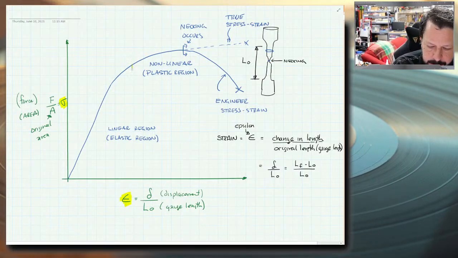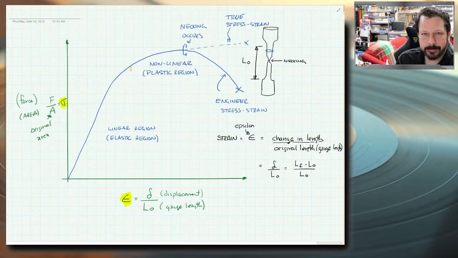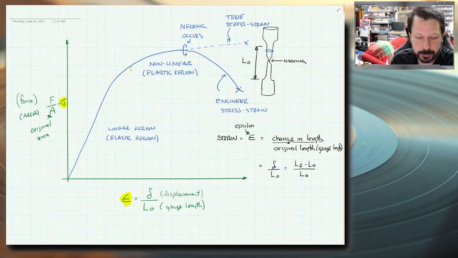Also, sometimes there's a little hump in here, and that's okay. We're kind of averaging that out and not dealing with it. So if you look at one of these in the real world, it will look slightly different than what I've idealized here, but all the main features will still be visible.